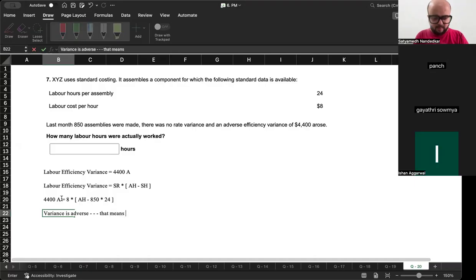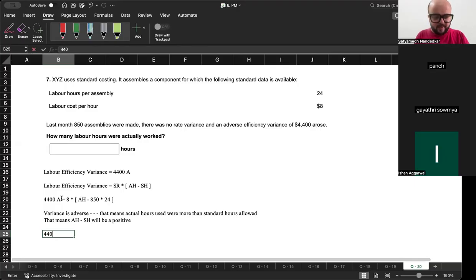Okay. That means actual hours used were more than standard hours allowed. That means actual hours minus standard hours will be a positive number, right? If actual hours are more than standard hours. So 4400 is 8 into actual hours minus 850 into 24, which is 20,400.